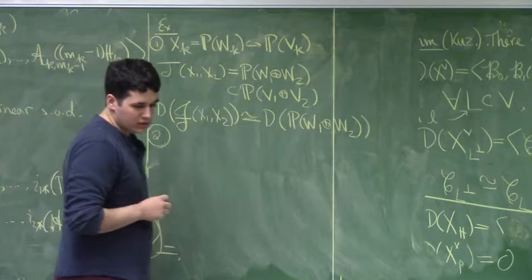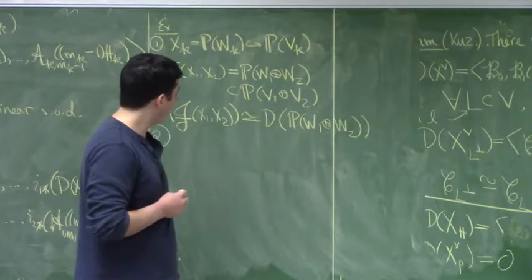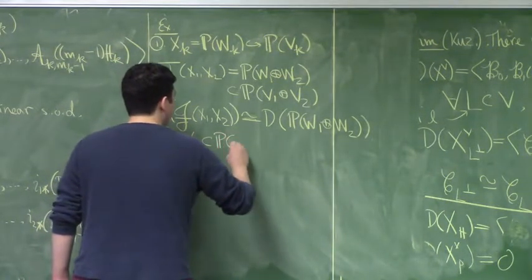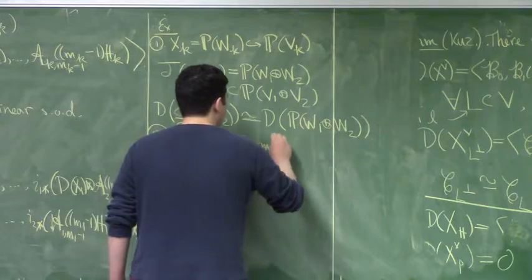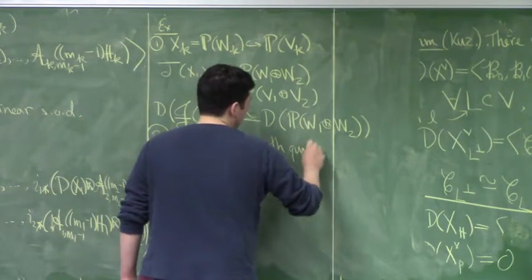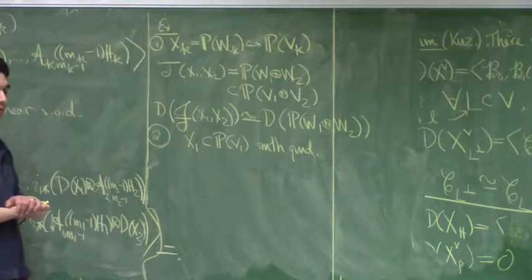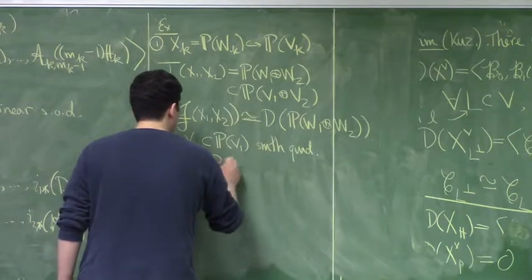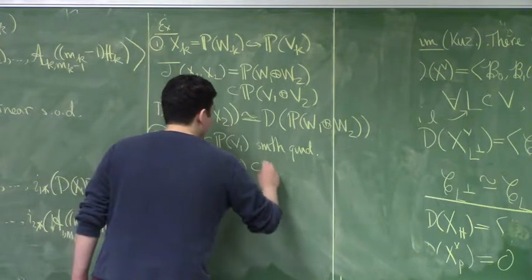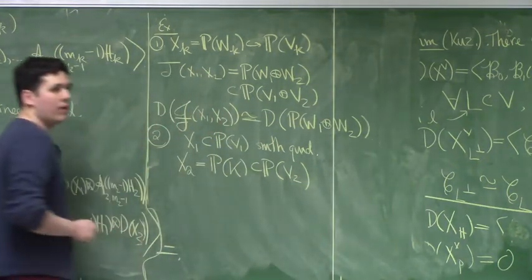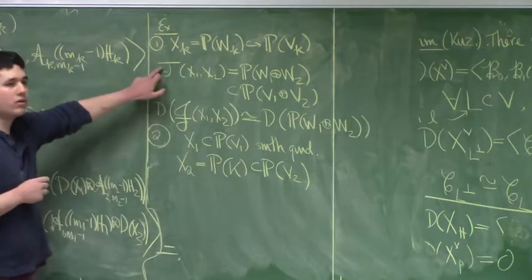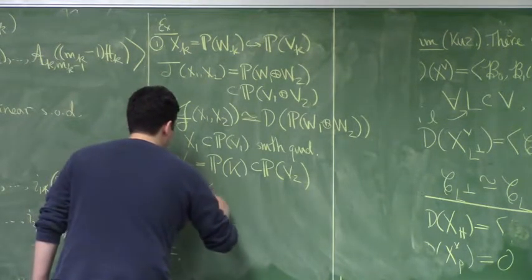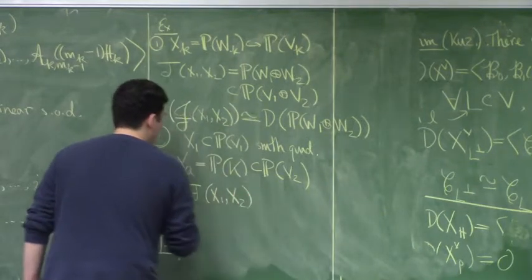For a slightly more interesting example, let's look at the following. I'll take x1 inside of P(V1) to be a smooth quadric. Again, let's assume the dimension is even, just so we're in the setup that I told you from before. I'll take x2 to be a linear subspace, I'll call it P(K), inside of P(V2). Let's consider for a second the classical join of these two varieties. I'll call that classical join Q, the join of x1 and x2.